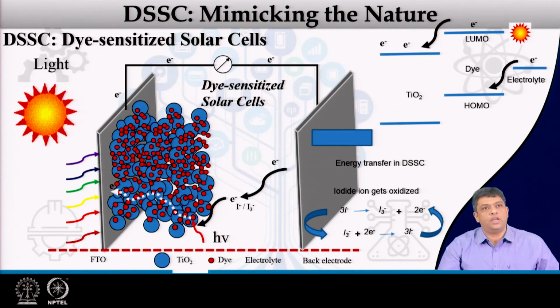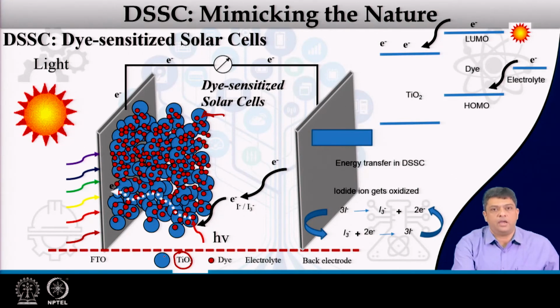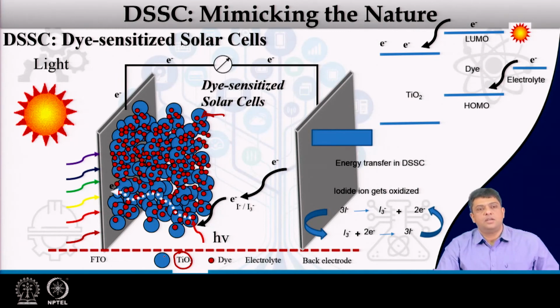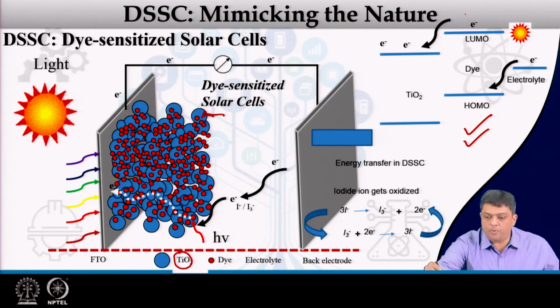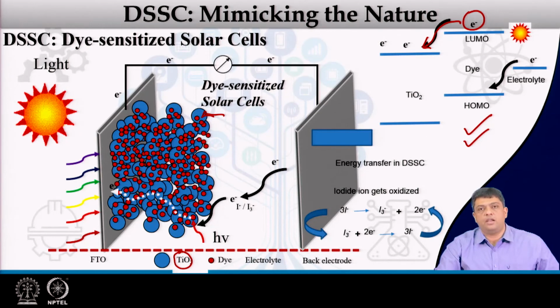So, what do they do here? They actually use a dye which is on top of a semiconductor, and then they have the electrodes, and on illumination of light which crosses the transparent layer, you have the drop of electron to the semiconductor, and then you have the condition where the higher level is populated.